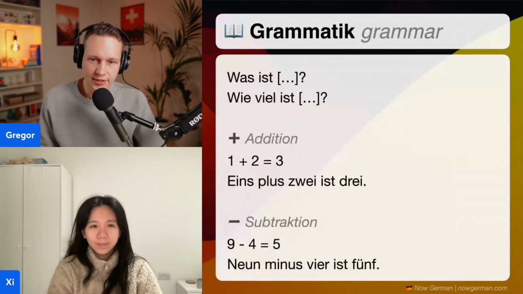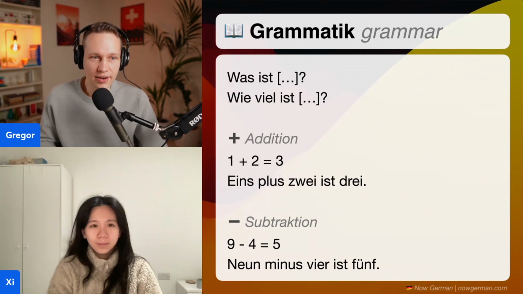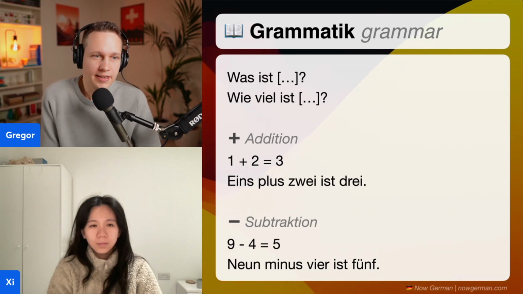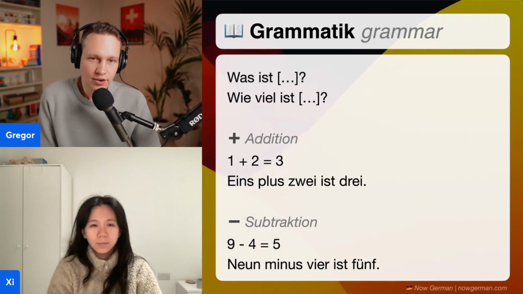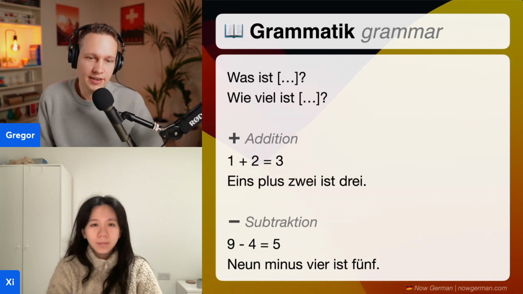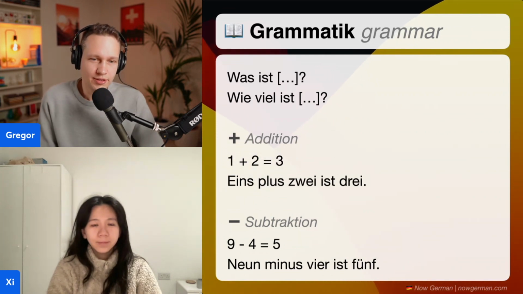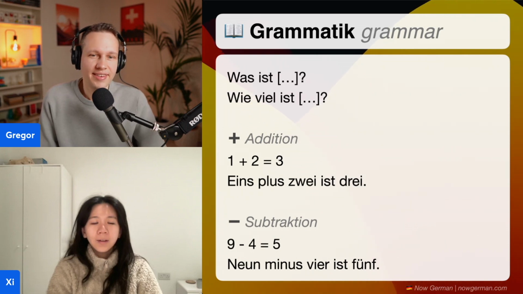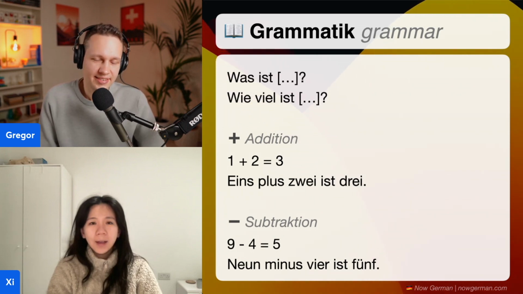Yes. Then let's look at our dialogue a second time. All right, that was our second dialogue. And I think you can roughly guess already from listening to that how to ask and answer math questions, but let's just look at it systematically as well in this lesson. So, how would you ask me what is 1 plus 1 in German? Was ist eins plus eins?